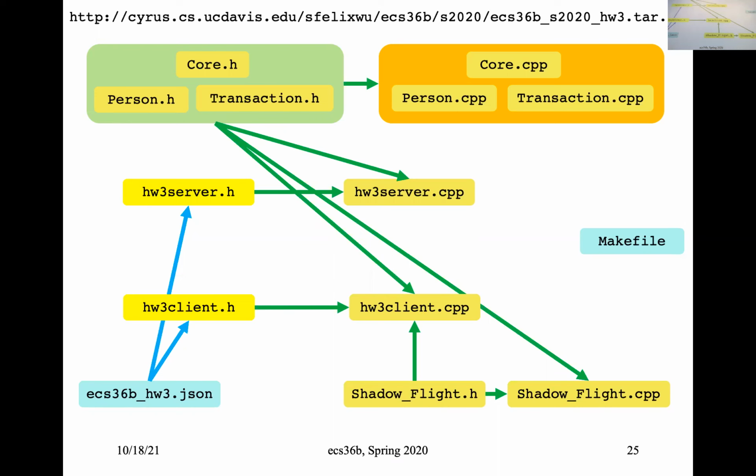So what it does is that when you first make a call to one of the functions, say operator equal equal, sorry, I forgot to put shadow underscore person. The shadow underscore person.h is the same. So essentially, you're going to call the shadow person version of that call, operator equal equal.